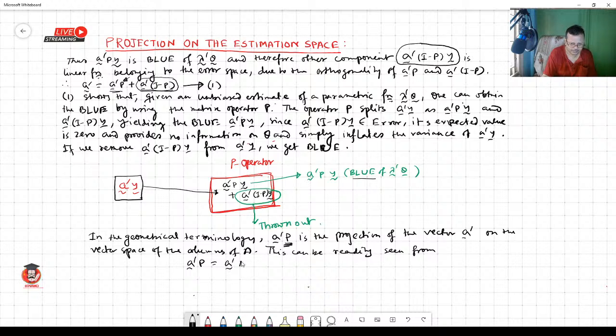P means A G inverse A', and this is equal to L'A'... where L' equals L'A is G inverse.